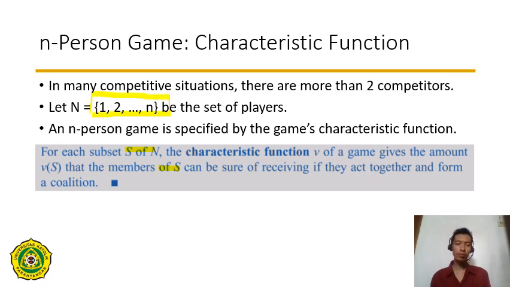If one or more players act together and form a coalition S, then they will be sure to receive the amount v(S). We define v(S) for each subset S of N. So we list all the subsets of the set N, and then we define the amount that the coalition S will receive if they act together. That is called the characteristic function of this game.